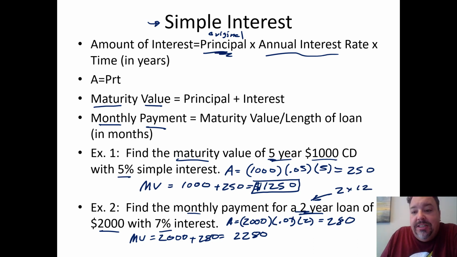So whatever the time is in years, multiply by 12, that gives you the months. We have it over 24 months, so we're going to divide this maturity value by 24 to get the monthly payment. So 2,280 divided by 24 comes out to a nice $95 per month.